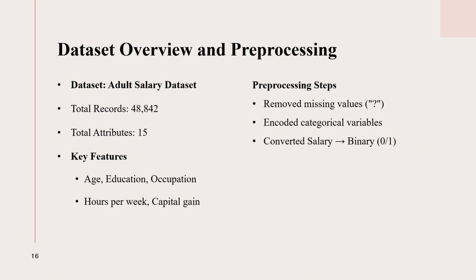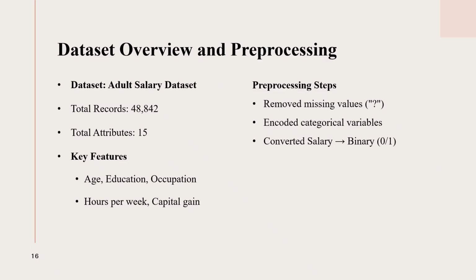The dataset used is the adult salary dataset, which contains approximately 48,842 records. The goal here is to classify whether a person earns more than 50K or not. So before building the model, pre-processing was performed.